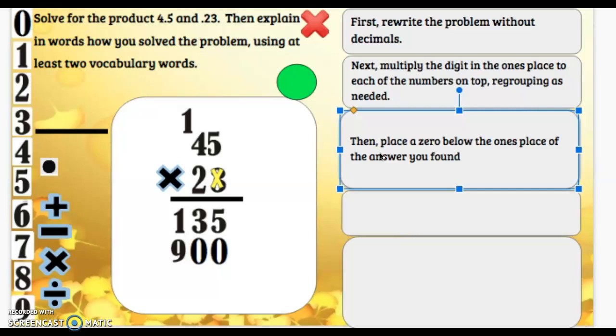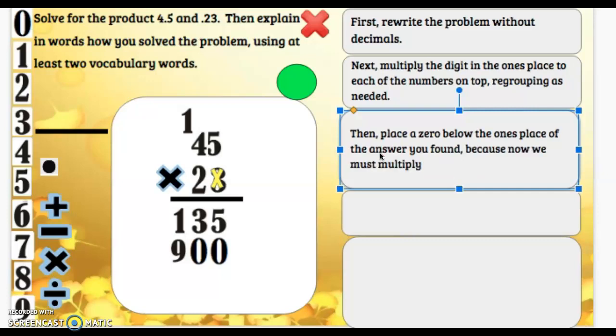Because now we must multiply the digits in the tens place to each of the top numbers, regrouping as needed.